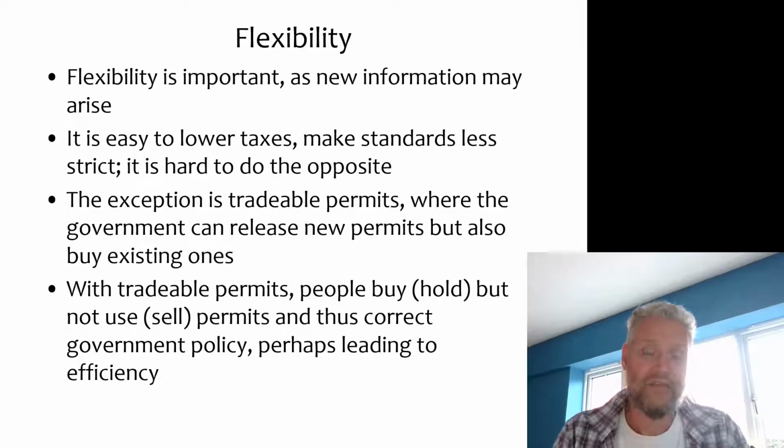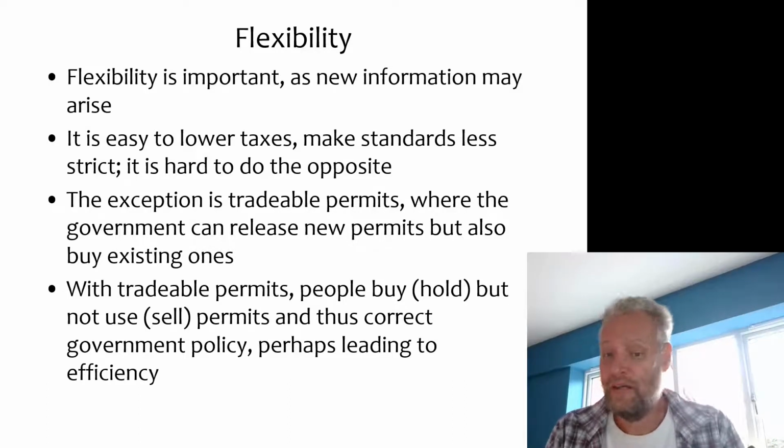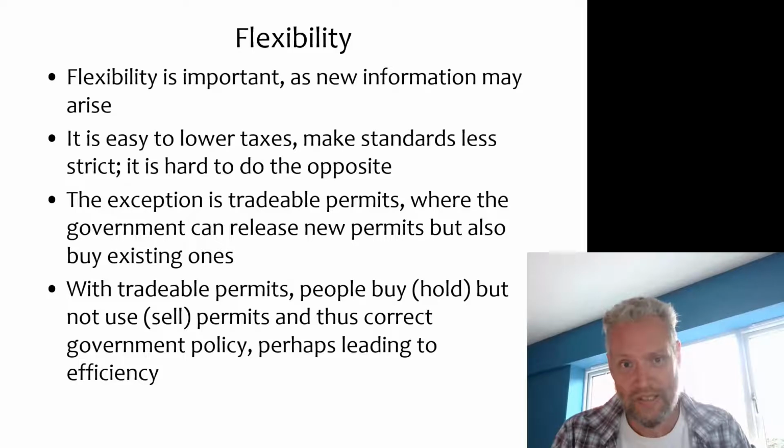A good thing about tradable permits is that it's not just the government that can tighten the target in that way. Also, NGOs or private people can decide to buy those permits, or if they have them already, to hold them and not use them, and that can sharpen environmental policy.